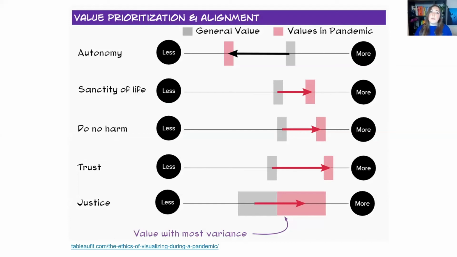These are all things that we have to think about regularly, especially when visualizing data around social issues or social good or health in general. But in a pandemic, the onus is on us to be even more thoughtful about how our visualizations will follow a do no harm principle, for example, and make sure that they won't mislead someone to think it's not important to continue to do physical or social distancing.